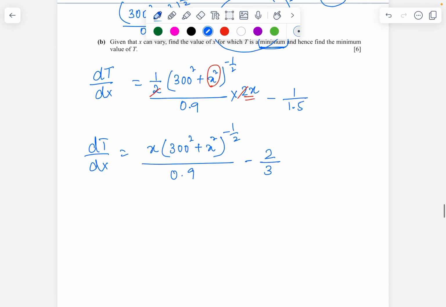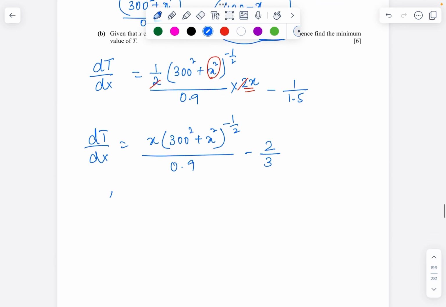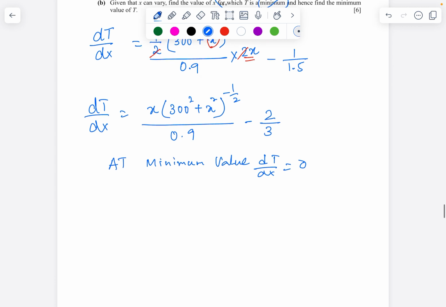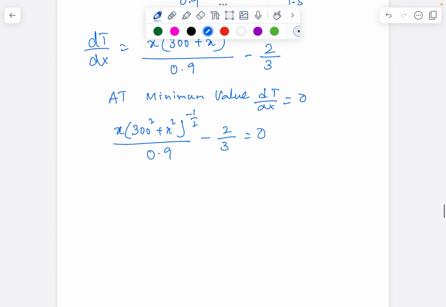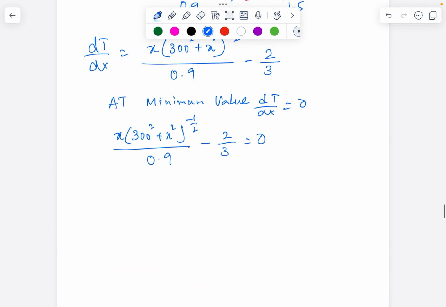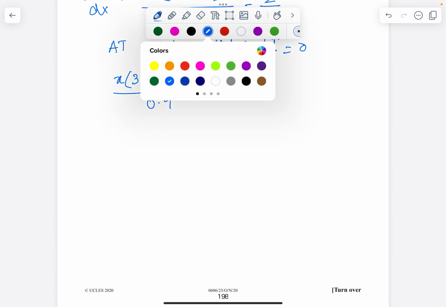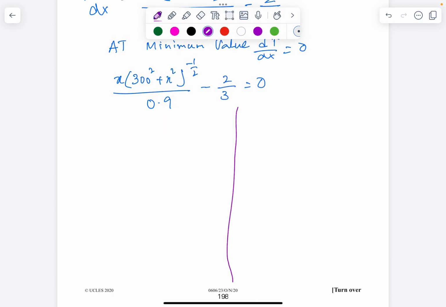So this is going to be our dt by dx, right? For the minimum value, we need to set this, at a minimum value, dt by dx is going to be 0. So I'm going to set this whole thing equal to 0. So now I will substitute one by one. We still have a lot of space, so to avoid the problems of space, I will divide this into two parts.